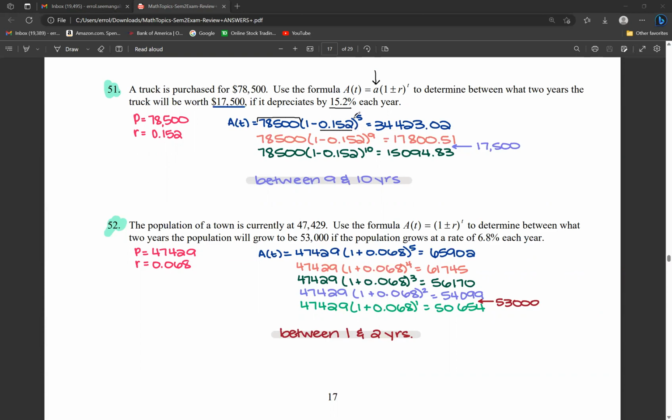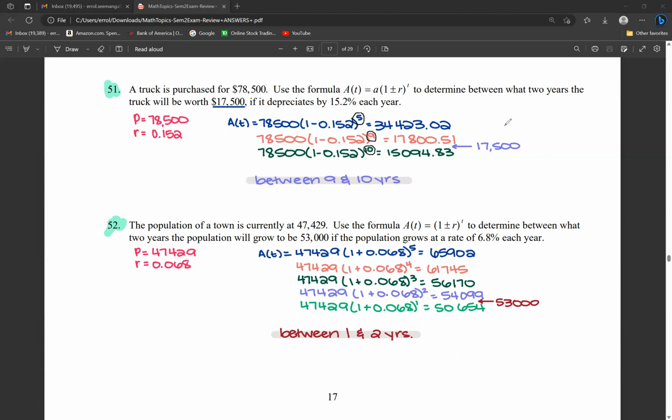Now, the question is where are they getting the 5 from? How did she know to put 5 there? And how did she know to put 9 here and 10 here?